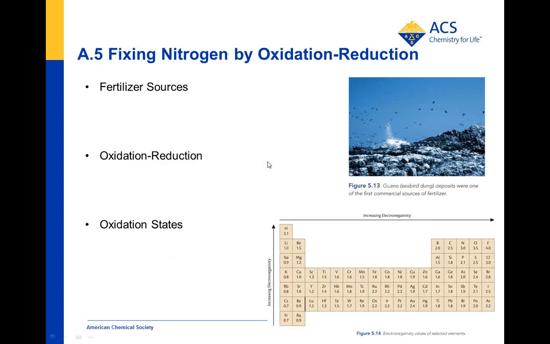As we move into the next part, we're taking a look at fixing nitrogen by oxidation reduction. In this part, they're reminded a little bit about the Haber-Bosch process. This is a unique way of taking a look at fixing nitrogen, and students are going to work with the electronegativities and the charts given there.